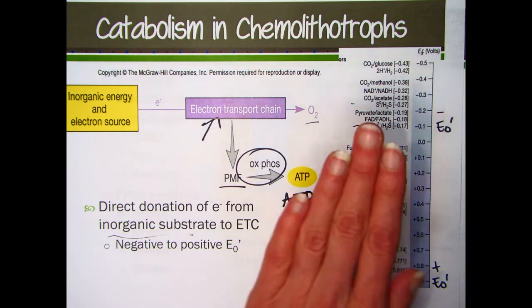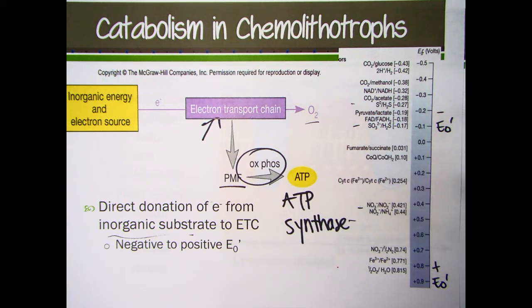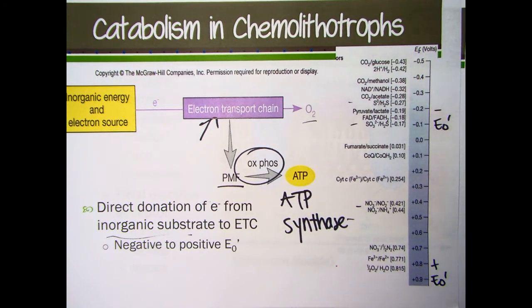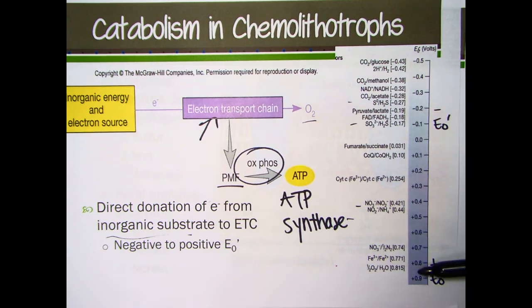I might not give you the chart one time. I might give you just the electron moving from sulfate to nitrate, from -1 to +0.4. How will that compare if the electron moves from sulfate to oxygen or something? So you need to be comfortable using this chart.